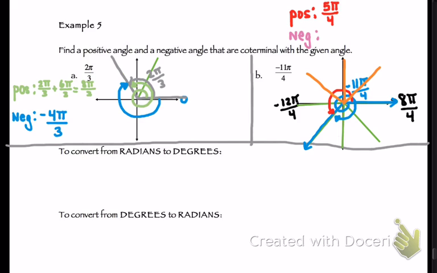The negative, well, I can just simply go from there to there. I don't have to spin anymore. Okay, so I got that. Negative 1, 2, looks like negative 3 pi over 4, and voila, you left it in radians, and you found your two coterminal angles.